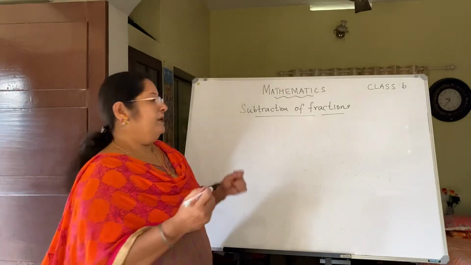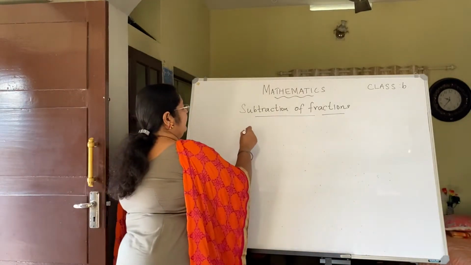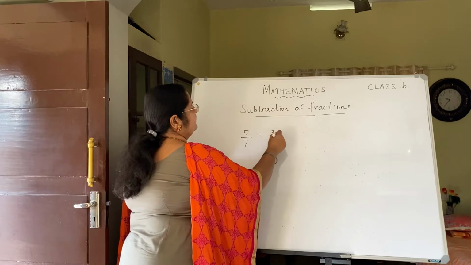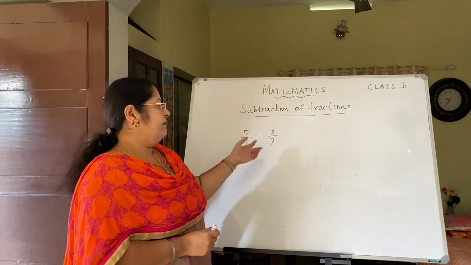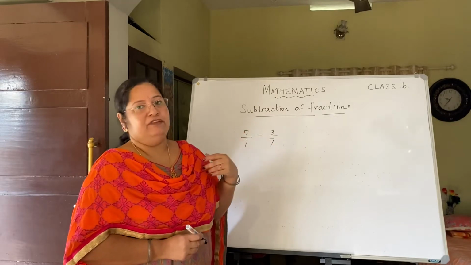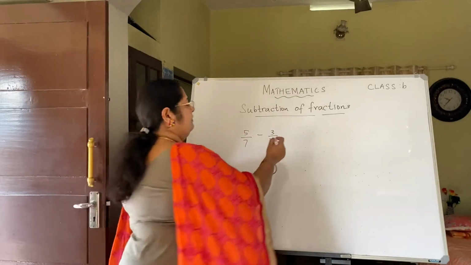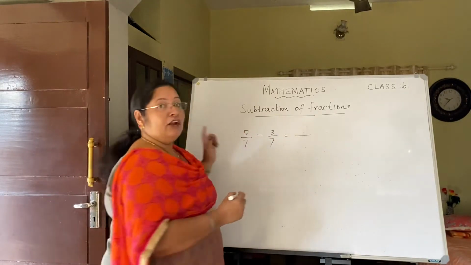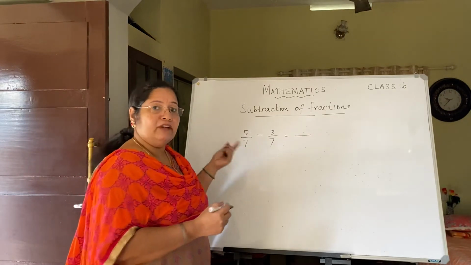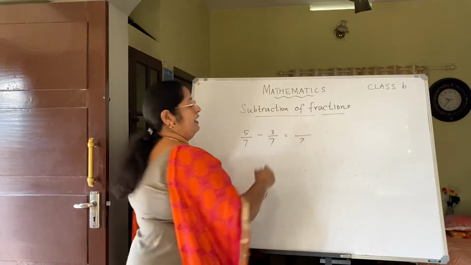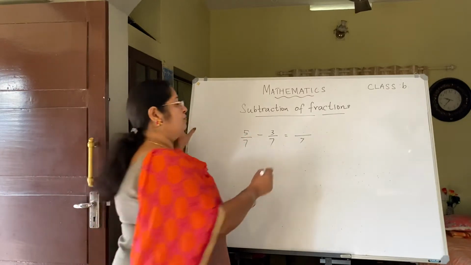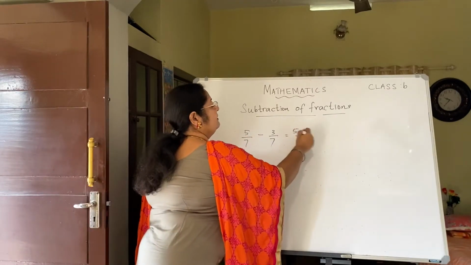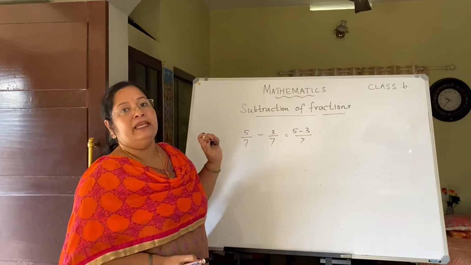One example, suppose you have 5 by 7 minus 3 by 7. 5 by 7 and 3 by 7 are like fractions. So the resultant fraction's denominator will be the same as the denominator of the like fractions. So we write it as 7, and for the numerator, we just subtract the numerators. 5 minus 3.